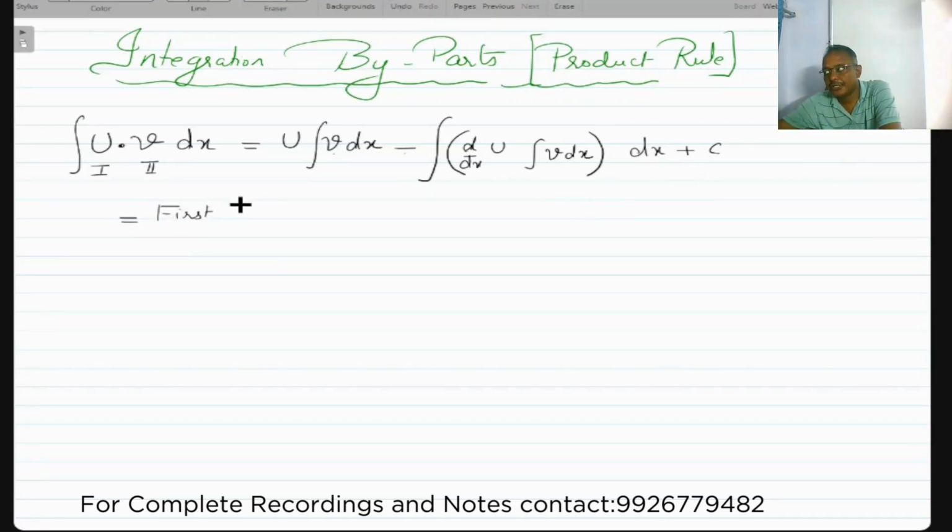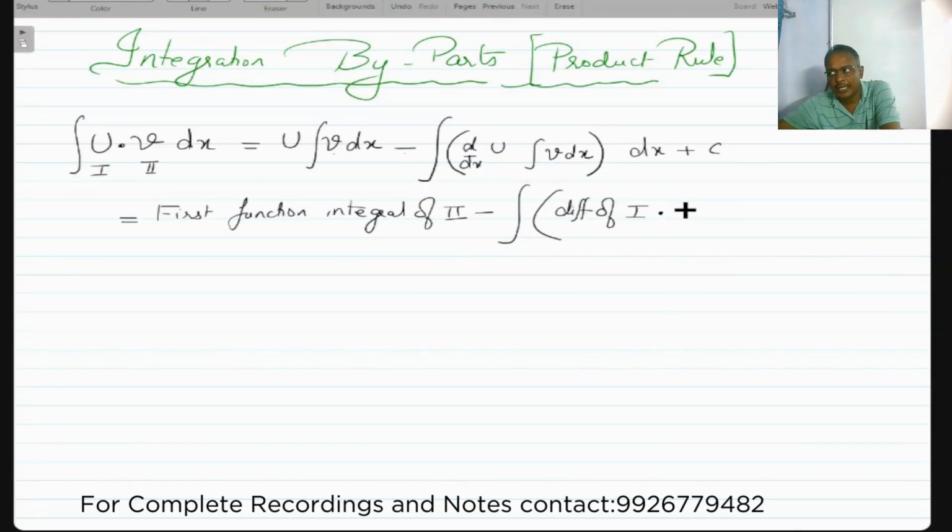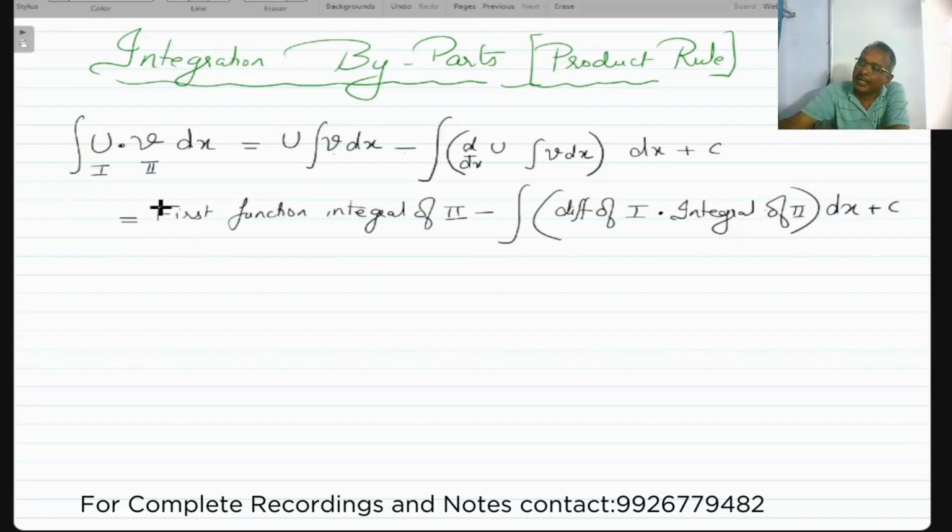First function integral of second minus integral of differential of first into integral of second, dx plus c. कैसे याद करना है मालूम है? सांस रोकना नहीं.